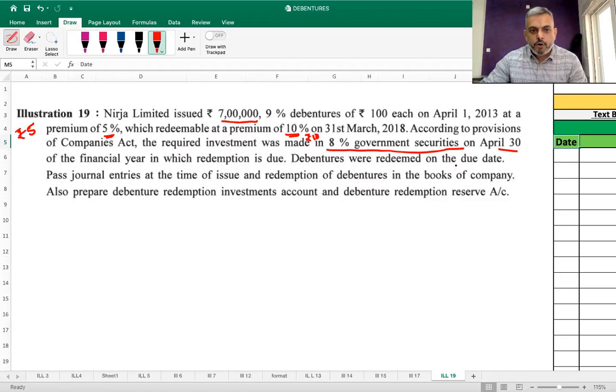Debentures were redeemed on the due date. Pass journal entries at the time of issue and redemption of debentures in the books of the company. You also have to prepare debenture redemption investment account and debenture redemption reserve account, which you have to do as your homework. Now, let's write the heading and let's start the sum.